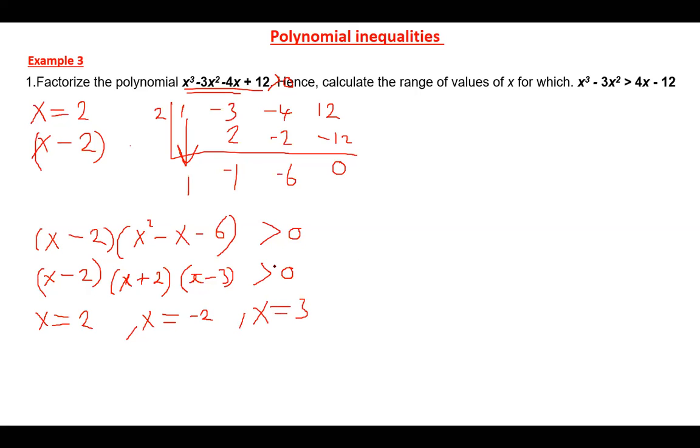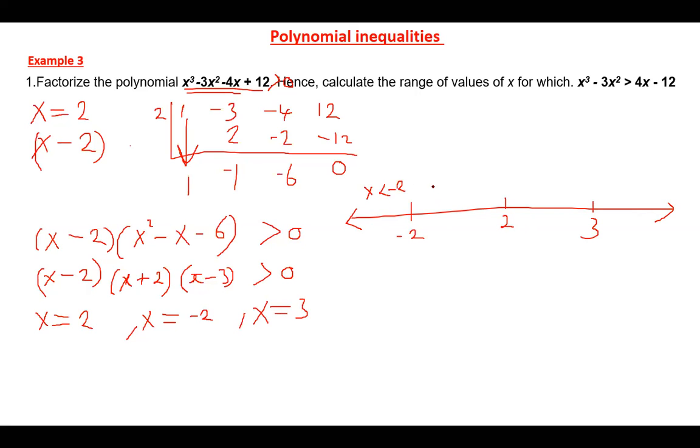Since we're finding the range of values of x, we have to draw the number line. We put our negative 2 there, we put our 2 there, and we put our 3 there. All the numbers on this side are less than negative 2.